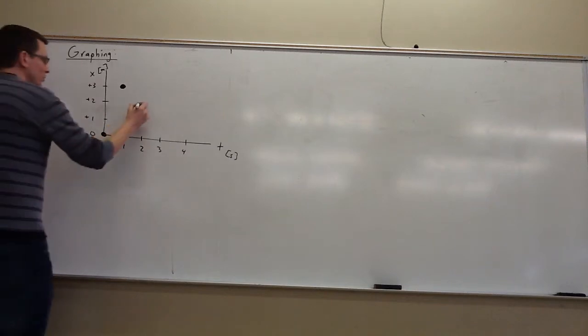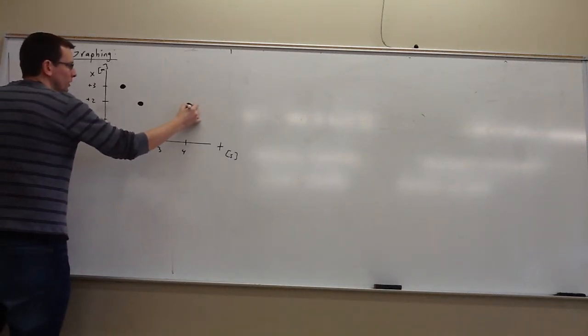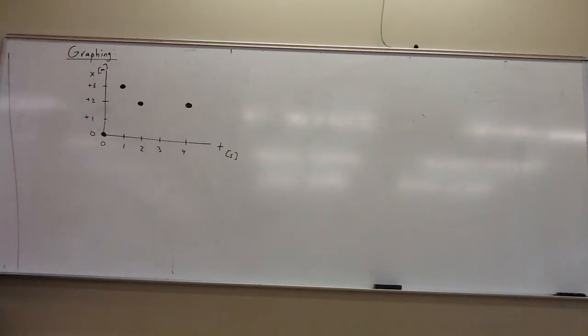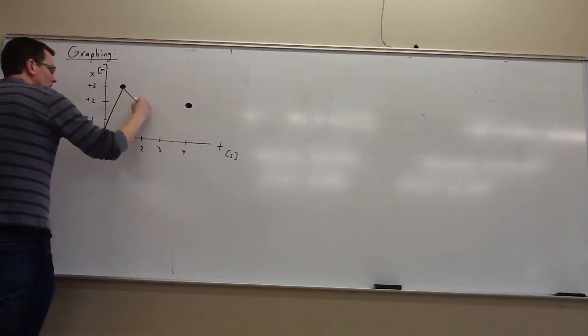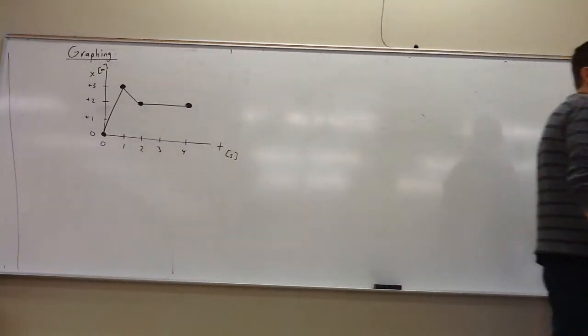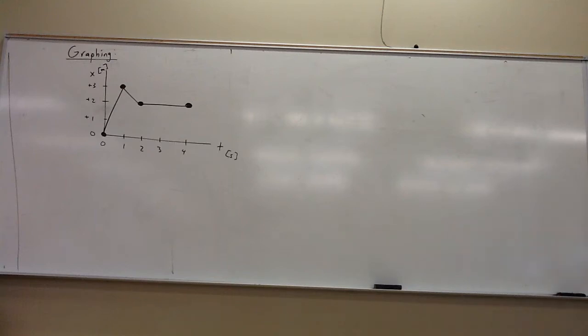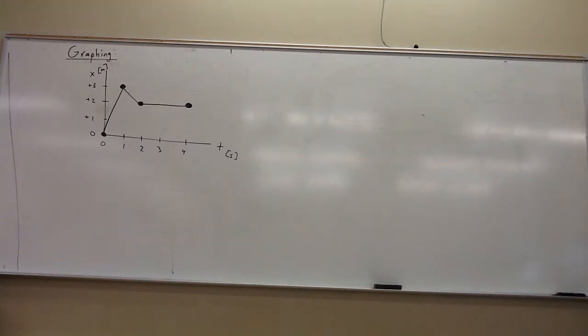Go back down to 2 meters at 2 seconds, and then 2 meters still at 4 seconds. So those are my 4 points, and I'm going to suppose that, just for the sake of discussion, I'll connect them with straight lines like this. So that's going to be my graph that I analyze and wring as much information out of it as possible.